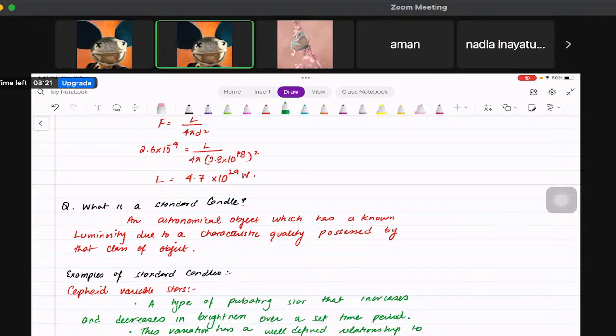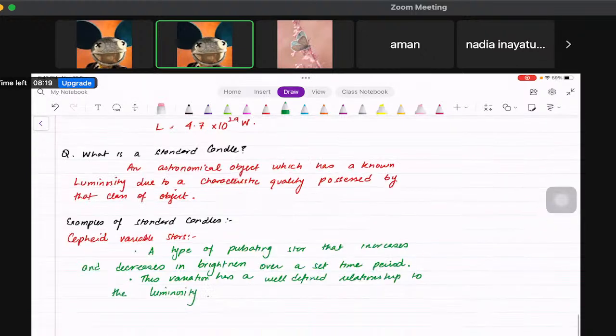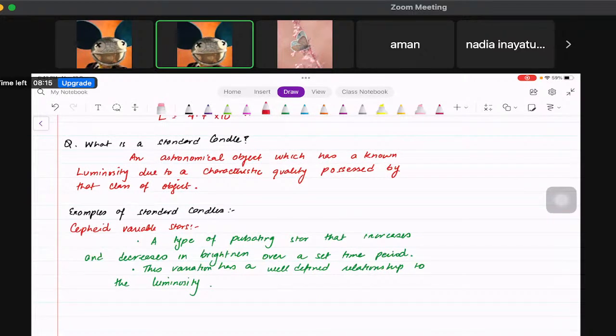The next example that we look for is basically a Type 1A supernova. Or let's not say that, because there could be many.